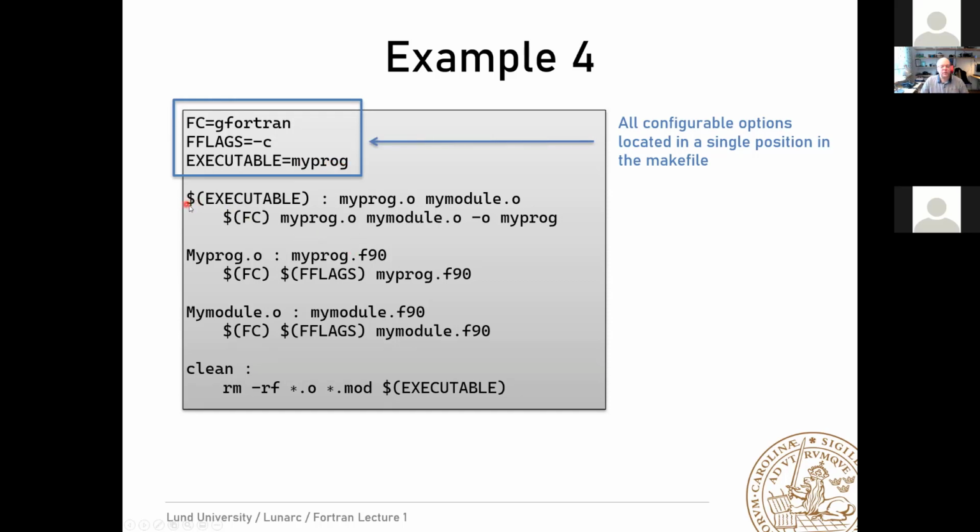So now in my rule I replace the executable name, and instead of mentioning the Fortran compiler explicitly, I just use $(FC), then myprog.o, and do that rule. I add my compiler flags when compiling my code, and also in my clean rule, I reuse the executable variable because that needs to be removed.